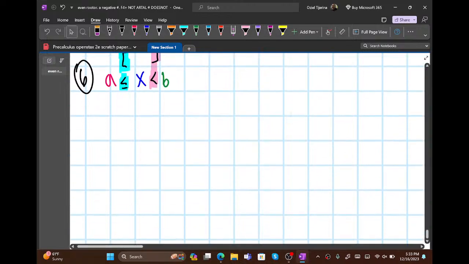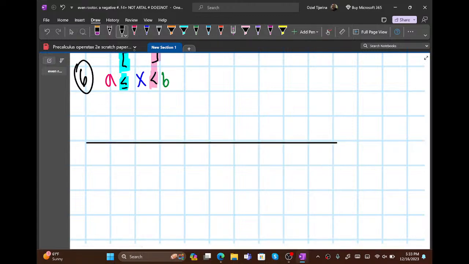So on the number line, I'm trying to do this a little faster, here's a, and then here is b. We're going to put all the numbers between a and b.